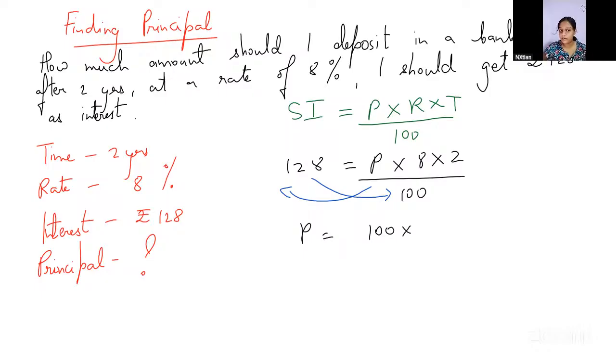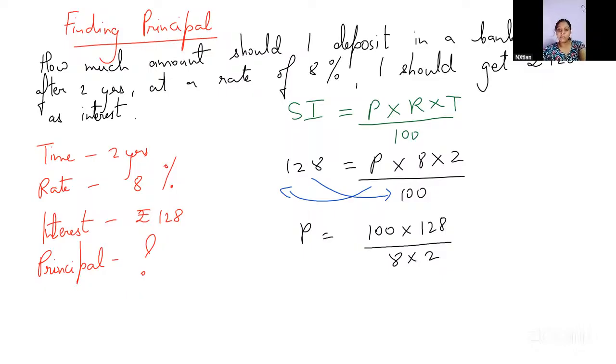So P is equal to 100 into 128 divided by 8 into 2. Now you can cancel and find out the answer.